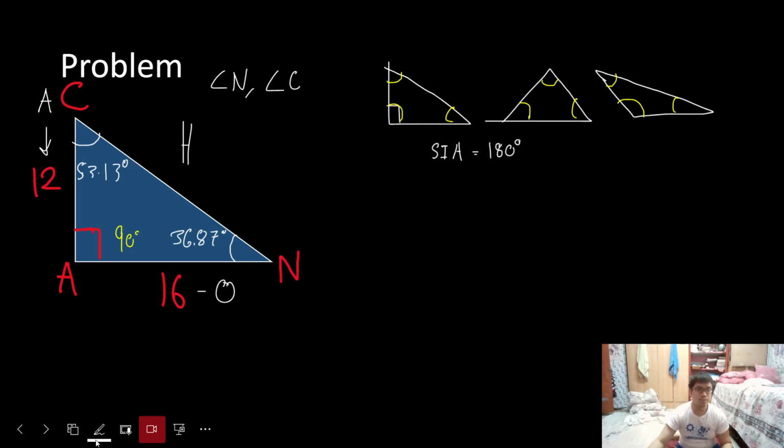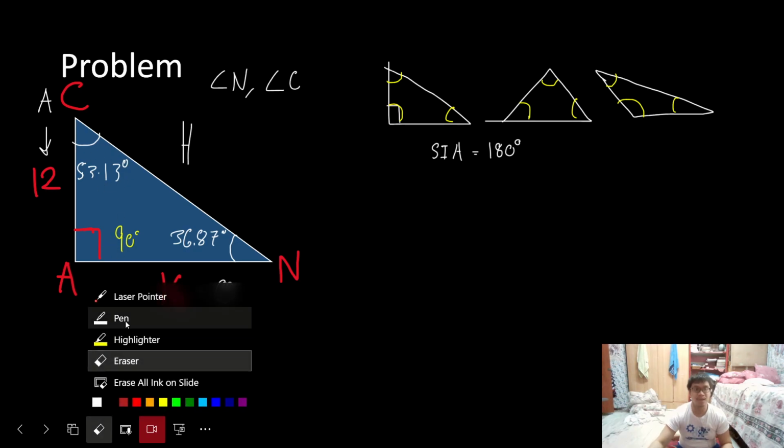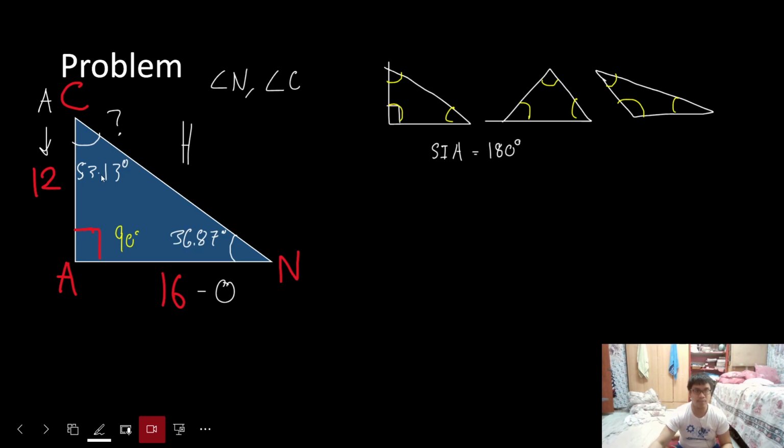So suppose that this one is missing. Just assume that it's missing. We don't know that it's 53.13 degrees yet. So here's what we're going to do. We're going to add all of the angles here. We have angle C plus angle A plus angle N is equal to 180 degrees.